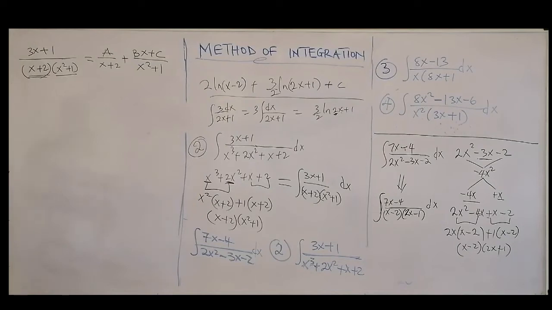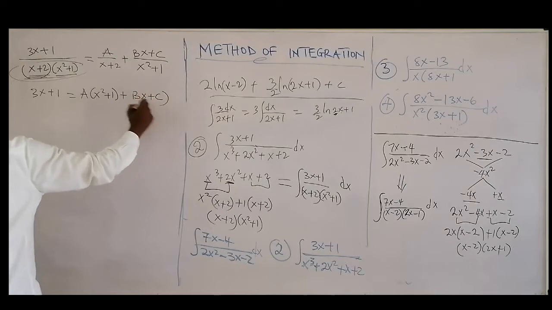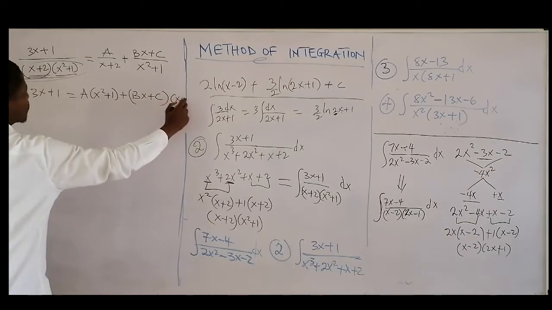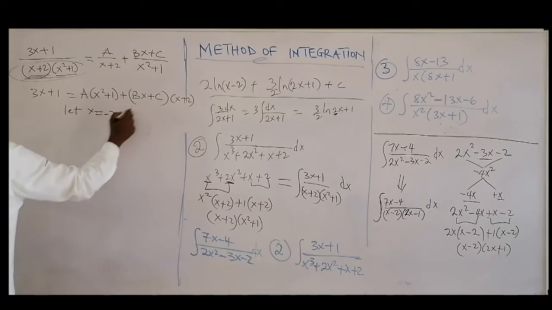Let's solve it. Multiply through by the common factor. So you have 3x plus 1 equal to A into bracket (x squared plus 1) plus (Bx plus C)(x plus 2). Now we substitute. Let x be equal to minus 2, so everything with x plus 2 will cancel.